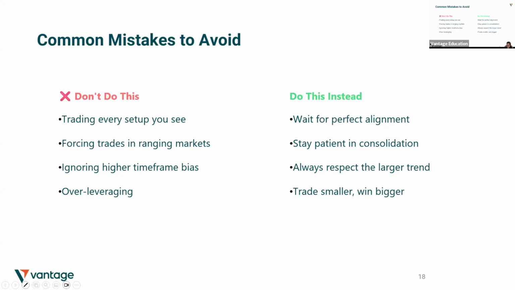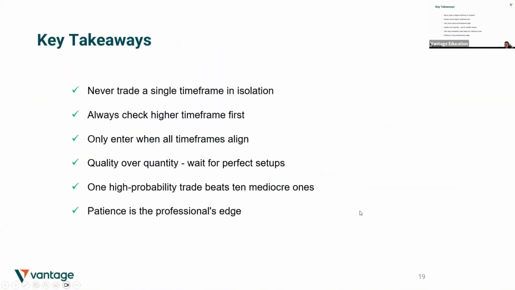Okay, all right, so this is going to be my last slide for today. The key takeaway for today: never trade on a single time frame in isolation. Always check the higher time frame first. Only enter when all time frames are aligned. Quality over quantity.